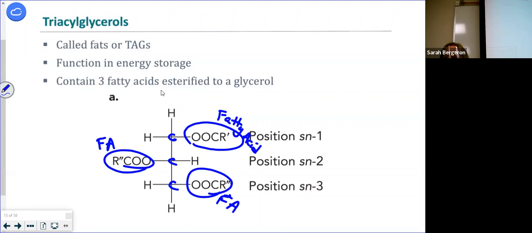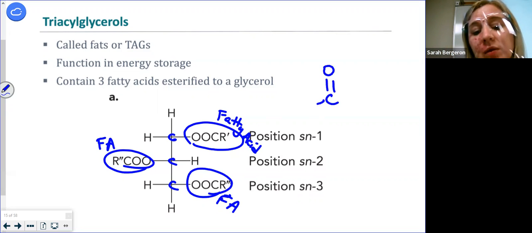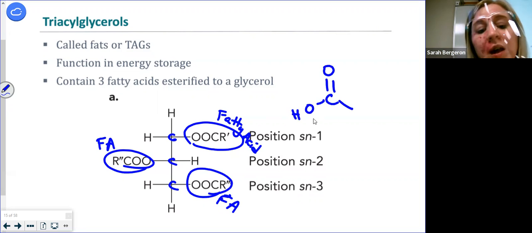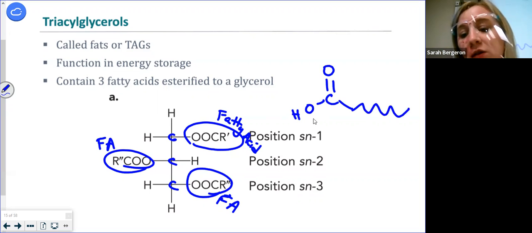So when you have this, we're going to undergo another ester formation, right? Because what do we have on a fatty acid? Right? And then we have whatever long chain, right? And then you have your glycerol that's going to have an OH as well. So what's going to happen?